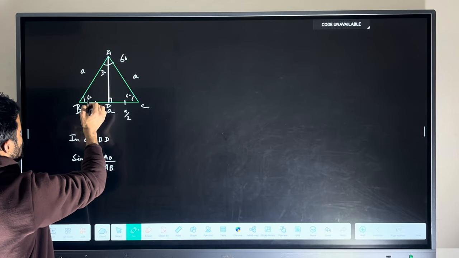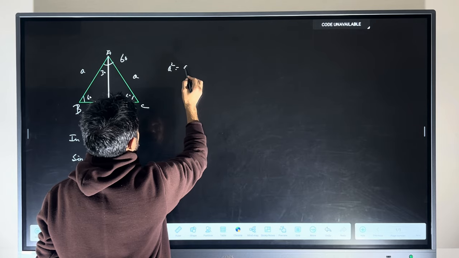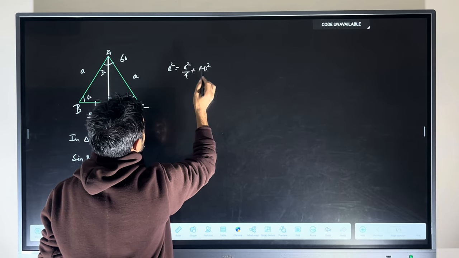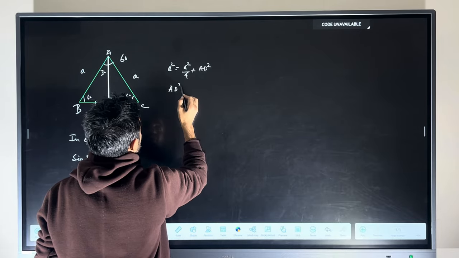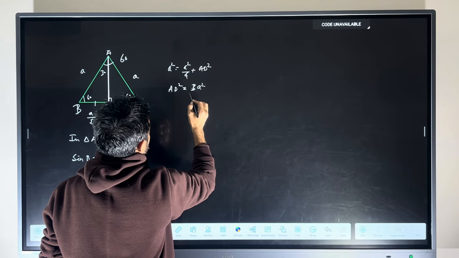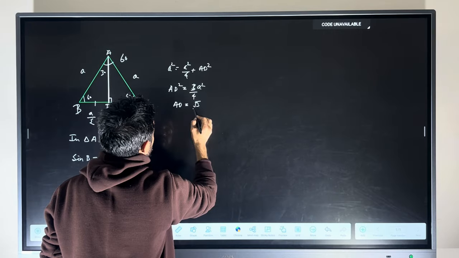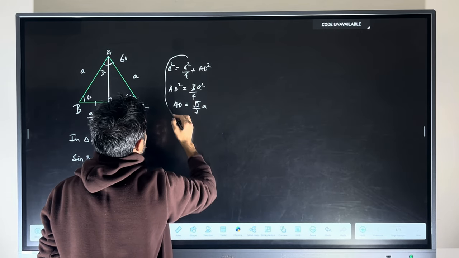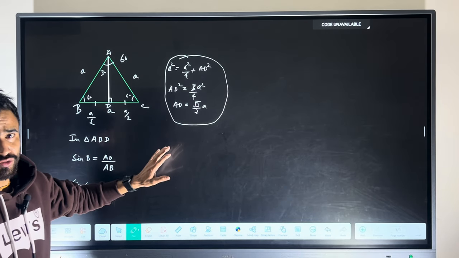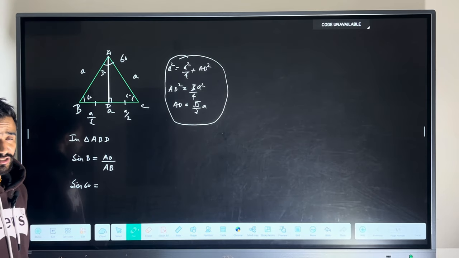Now, this is A and this is A by 2. If we apply the Pythagoras theorem, A square is equal to A square by 4 plus AD square. If we solve, we get AD square equal to 3 A square upon 4, and AD is equal to root 3 upon 2 A. You can solve this yourself after applying the Pythagoras theorem; I have done it as a shortcut.